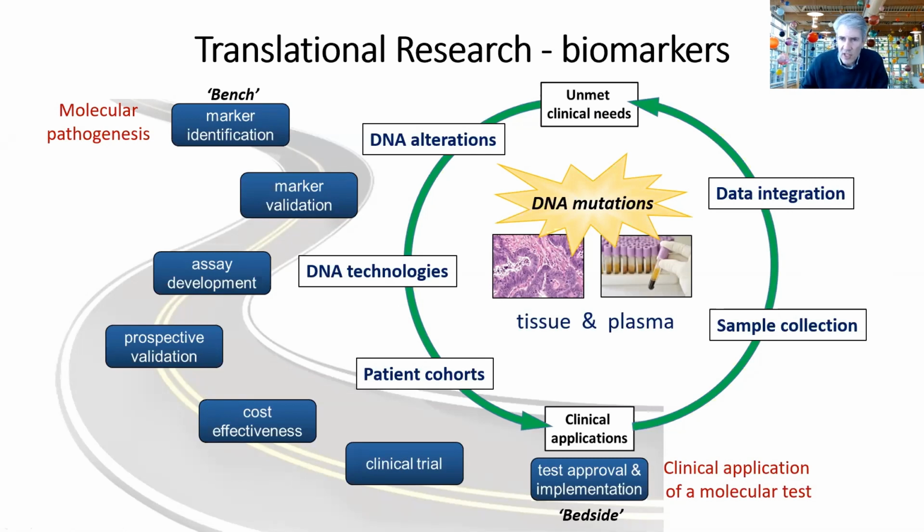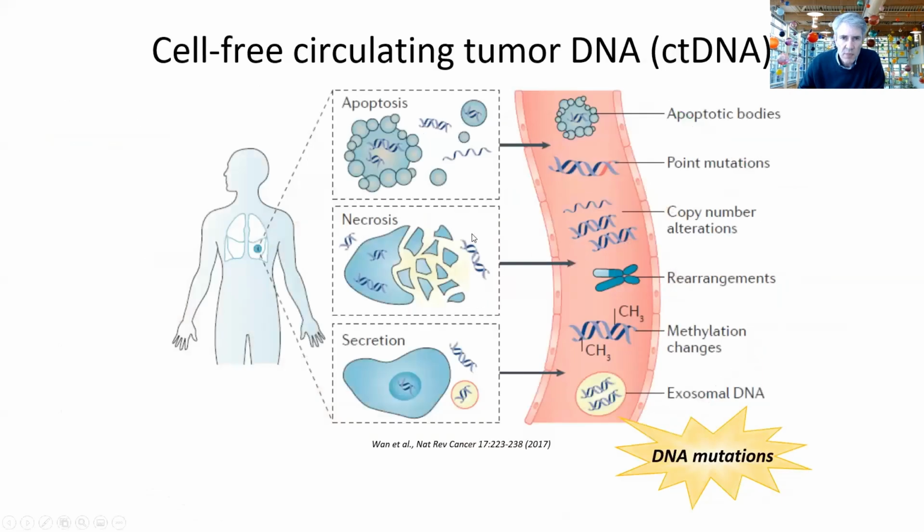Just very briefly, because I can imagine that this audience has quite a diverse background: how come that DNA alterations from tumor tissue end up in the blood? That is because when cells die, fragments of these cells end up in the bloodstream, and that includes cell-free DNA. So in the blood from normal cells, you will find DNA fragments.